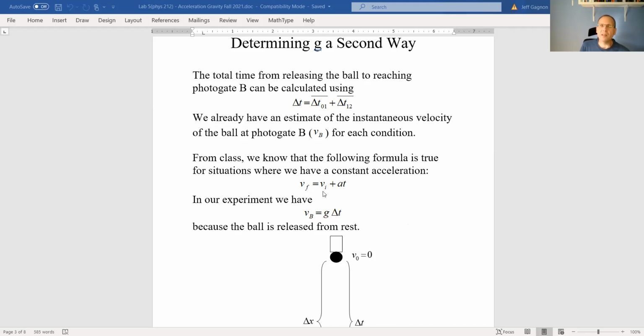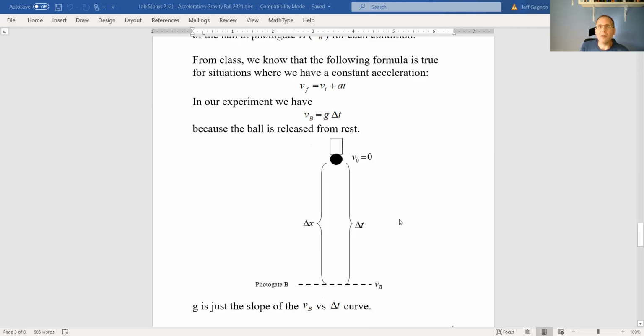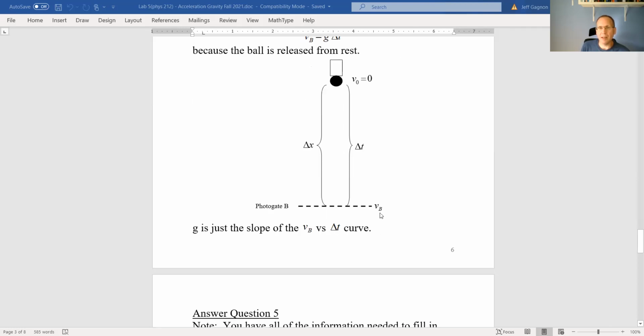So this equation simplifies to the final velocity, which we're going to call the velocity at photogate B. So VB is equal to the acceleration, which we know is G, times the time, which is the time interval from the ball dropper to the second photogate. But you already have this information. You know delta T, the total time from the ball dropper to the second photogate, and you know the final velocity, VB, because you calculated them.